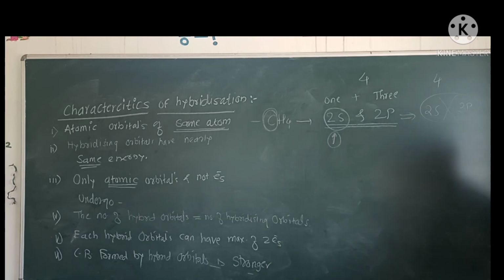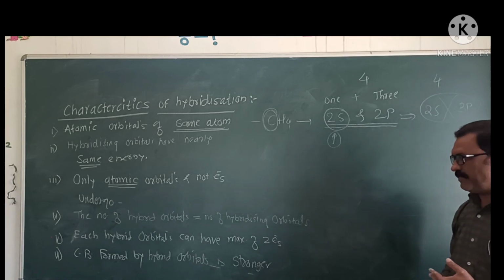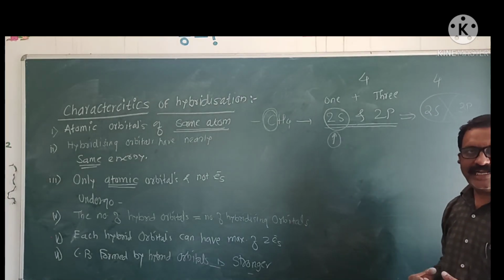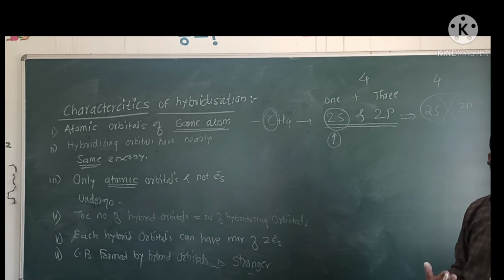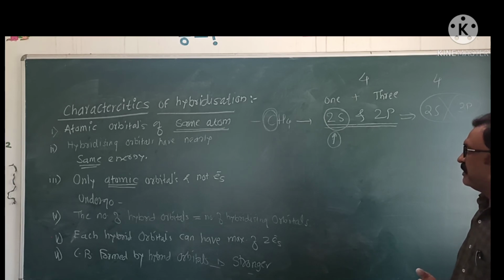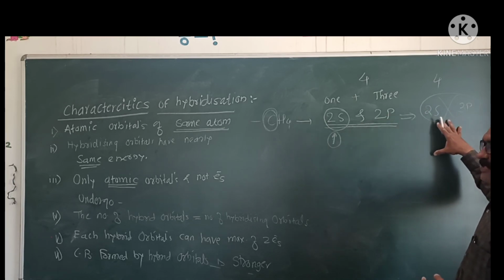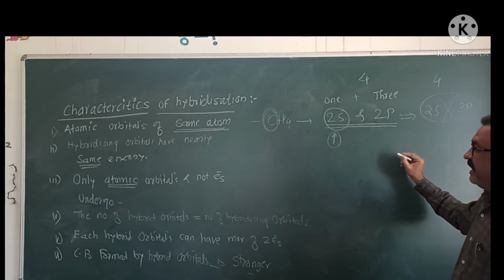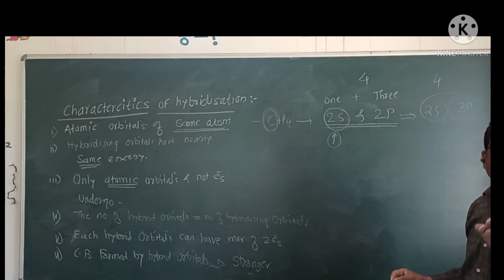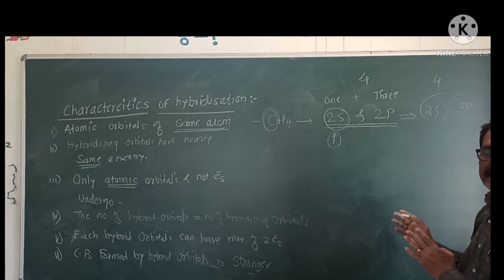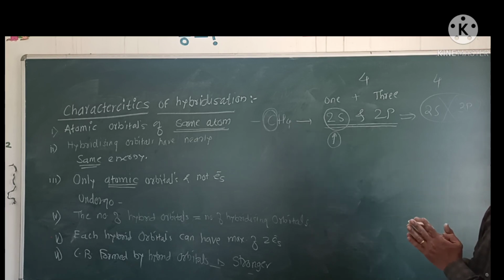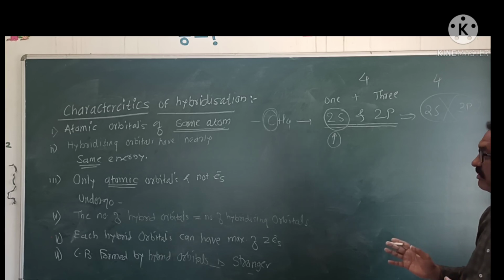Then the next feature: each hybrid orbital can have a maximum of 2 electrons, not more than 2 electrons.